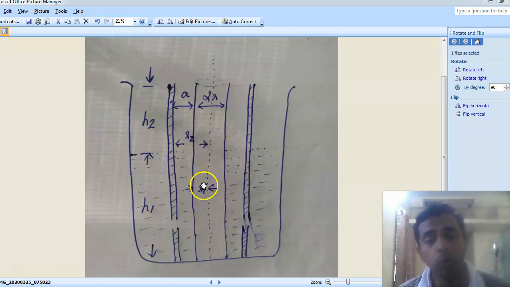So R2 minus R1 is nothing but the separation between the two cylinders, that is A. And we assume that R1 is equal to R, so the whole diameter of the inner concentric cylinder is taken as 2R.